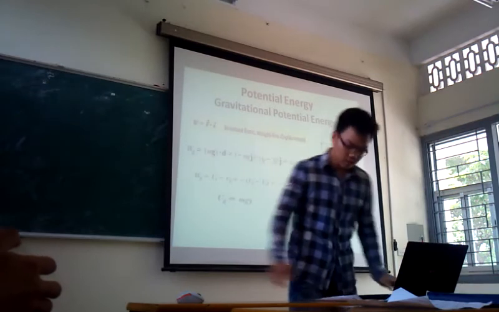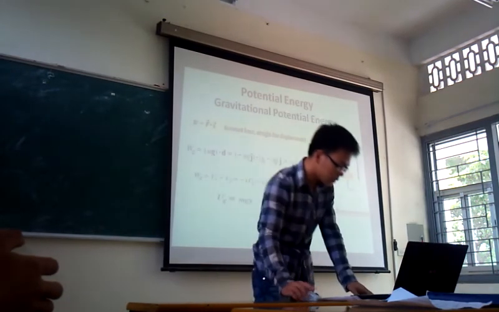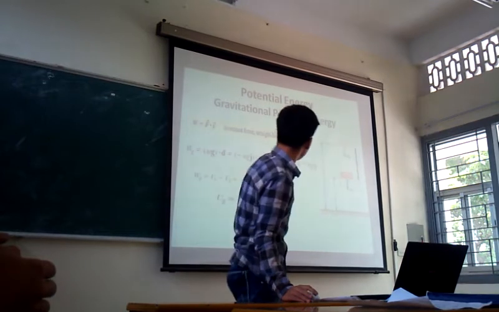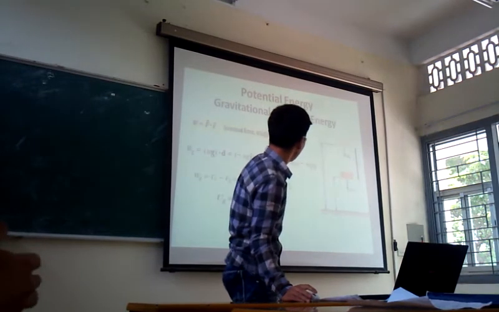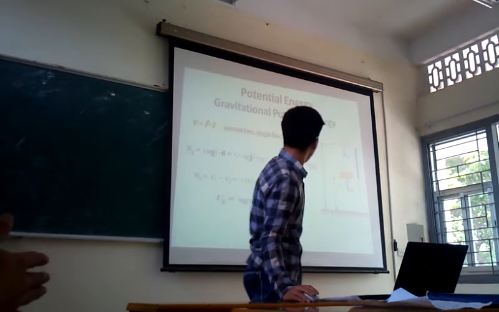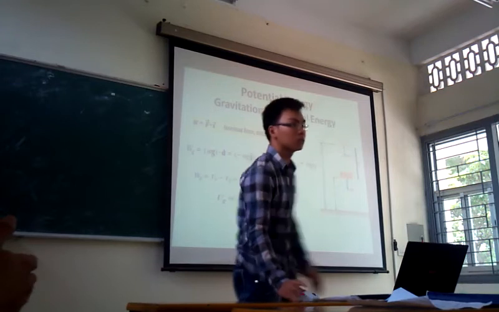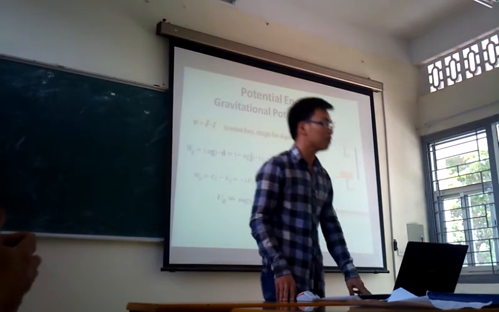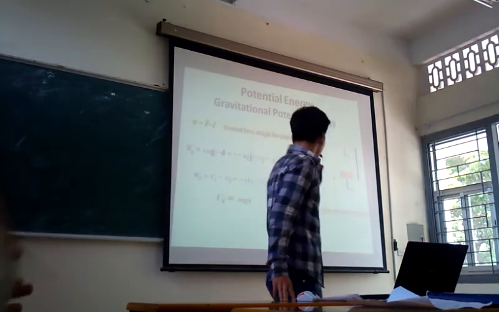In this form, you can see in this slide we have the minus sign in this equation. Can you help me explain why I have a minus in this equation? Yes, I will answer this question.